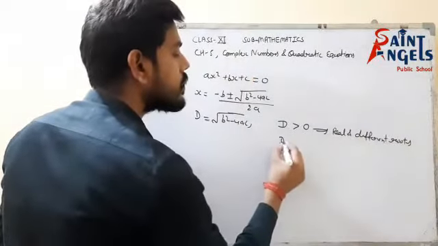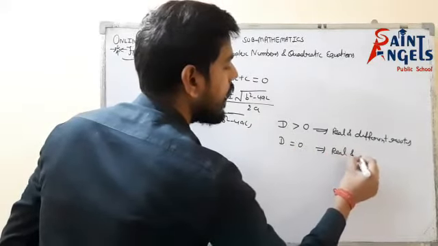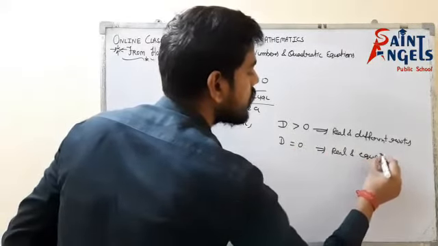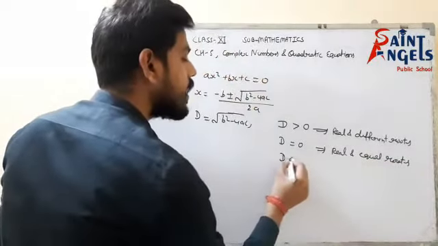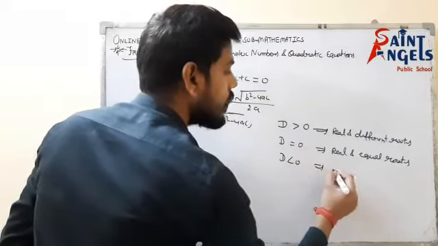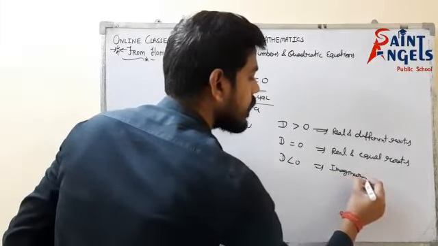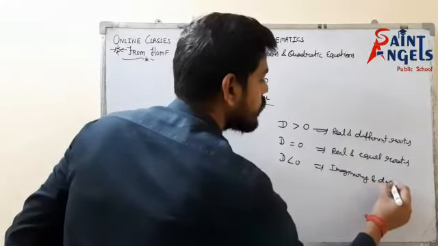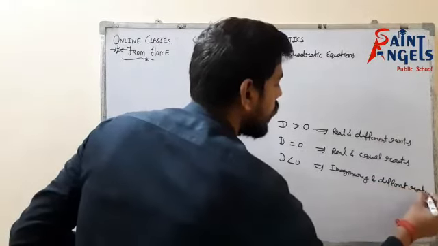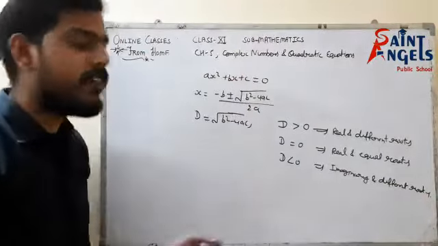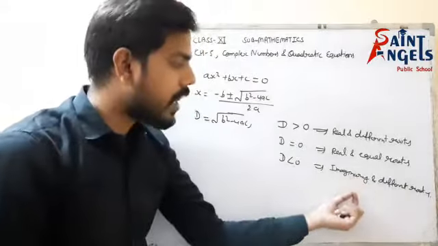When d equals 0, we get real and equal roots. And when d becomes less than 0, we said imaginary and different roots. But in 10th class we haven't moved forward from this line. So now we will start from here.